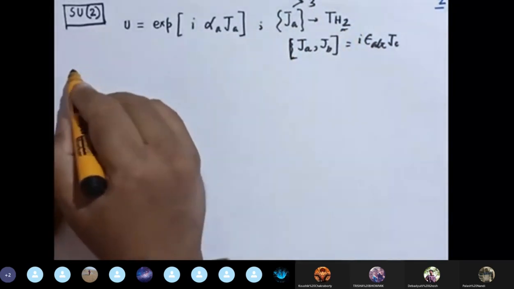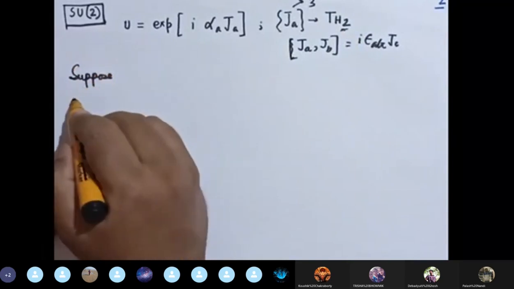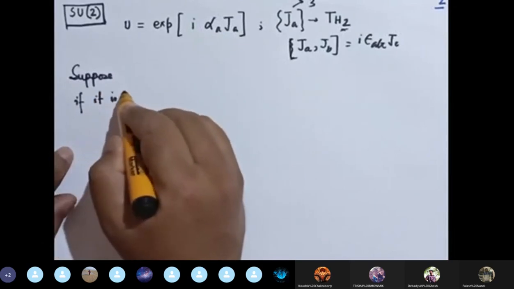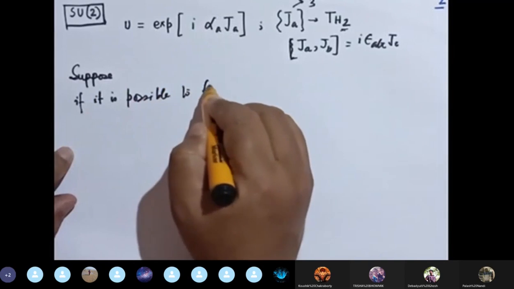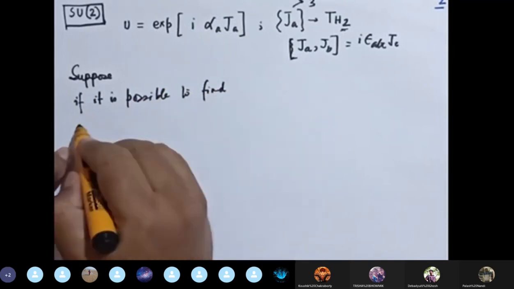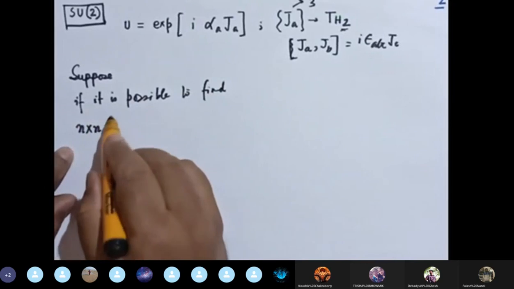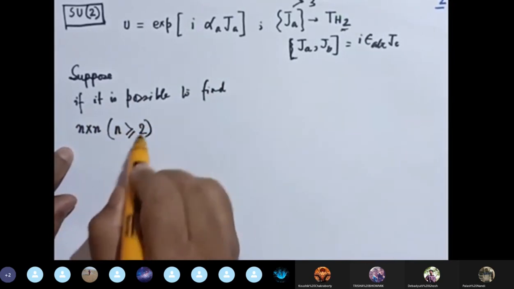Now, suppose it is possible to find an n cross n matrix, where n need not be 2, it may be greater than 2.